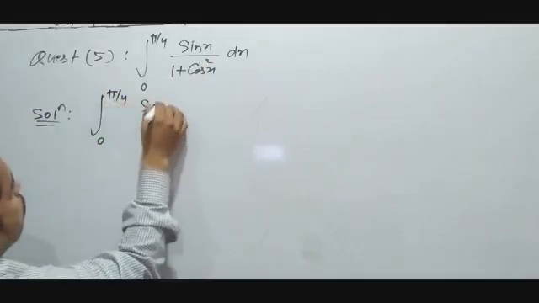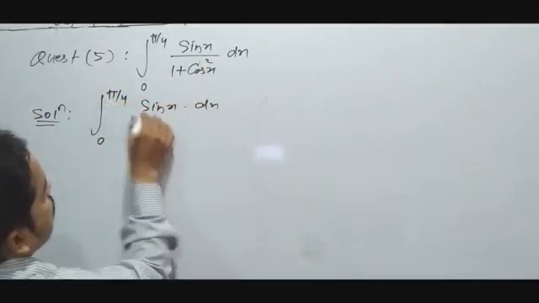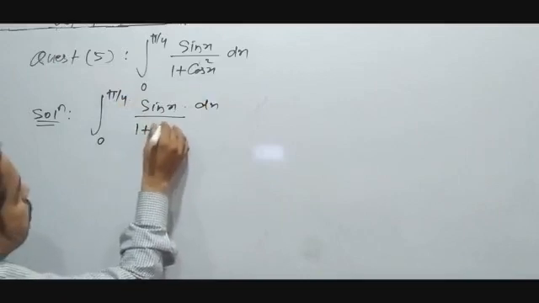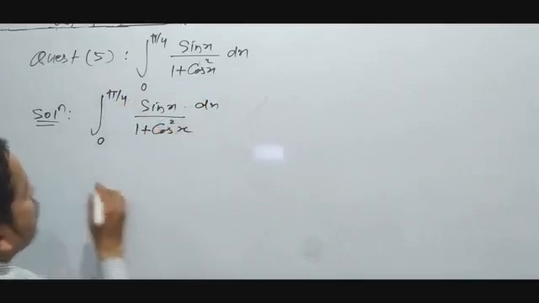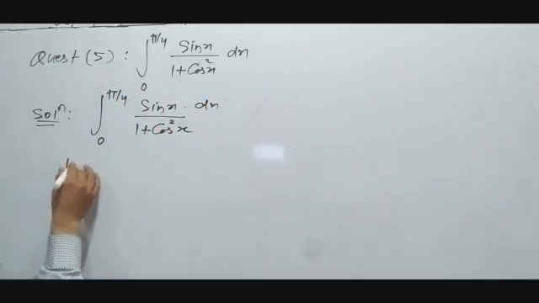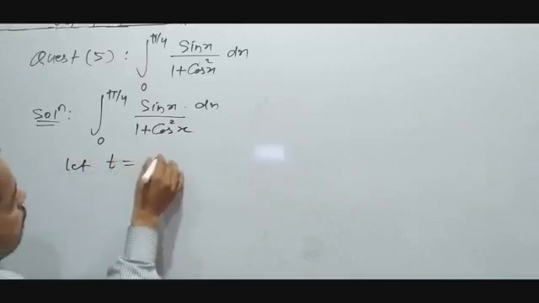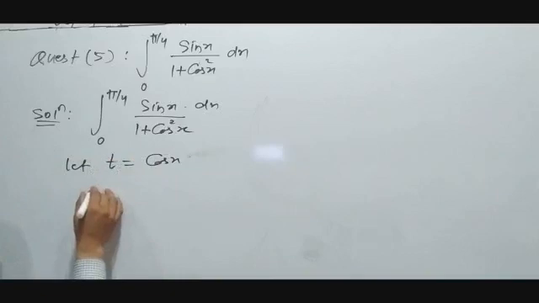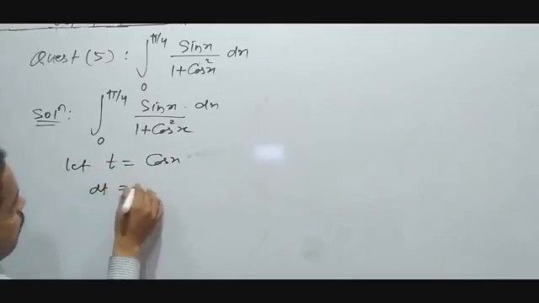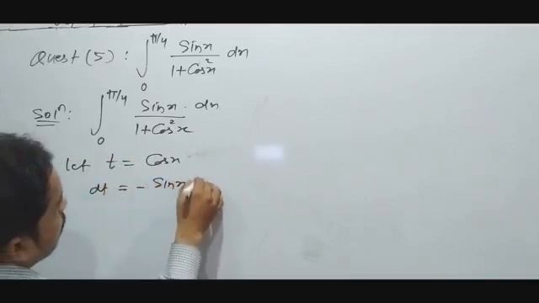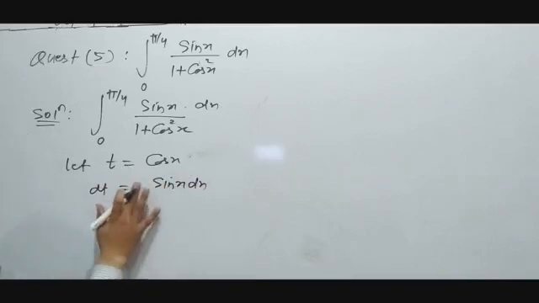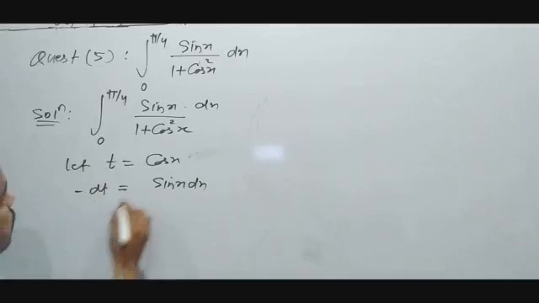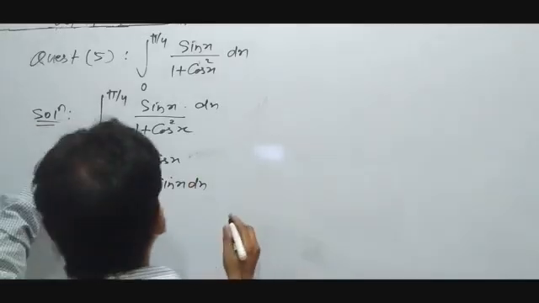So cos x you will consider t. Let t is equal to cos x. This implies dt will be equal to minus sin x dx. So minus dt will be equal to sin x dx.